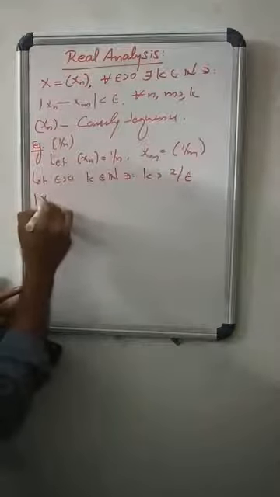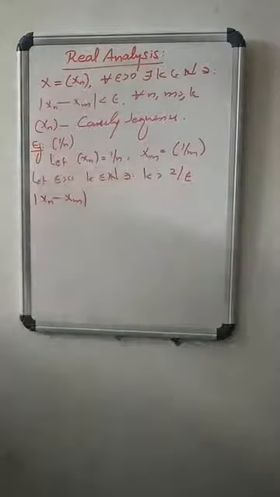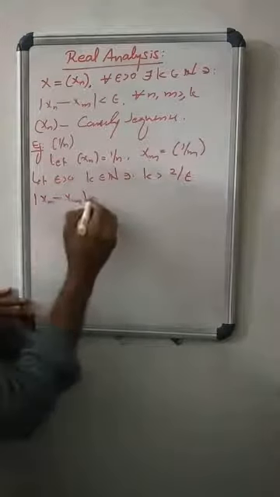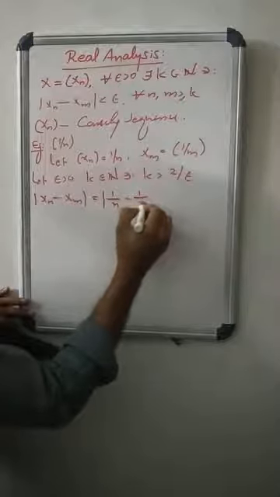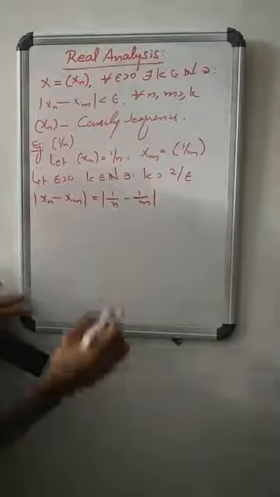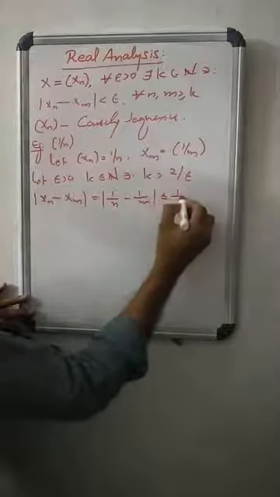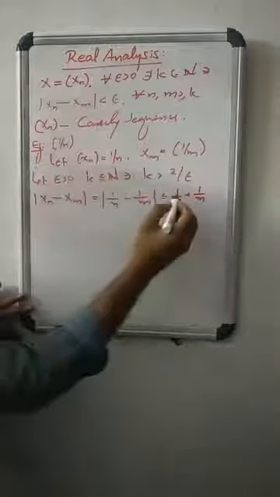So what about modulus of xn minus xm? We have to show modulus of xn minus xm is less than epsilon. Modulus of xn minus xm means modulus of 1 by n minus 1 by m, which is less than or equal to 1 by n plus 1 by m.